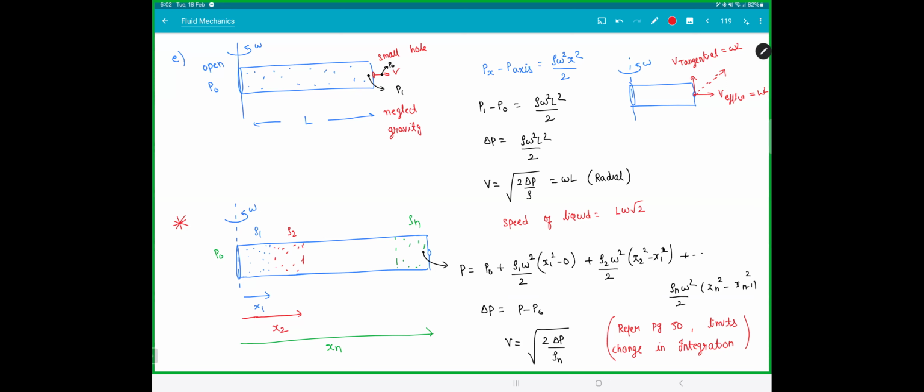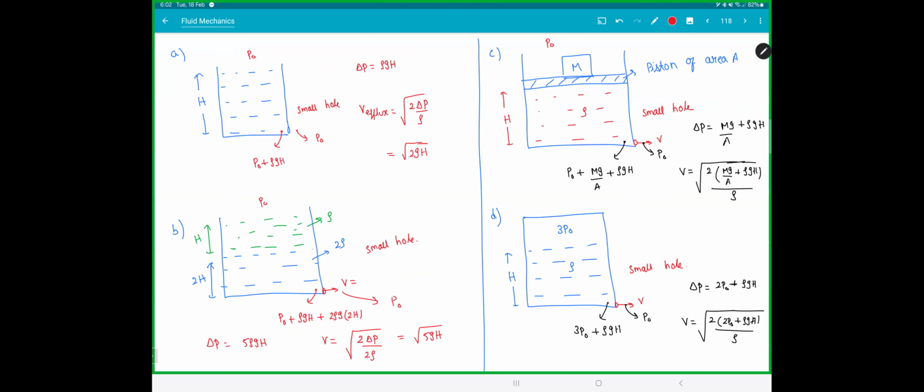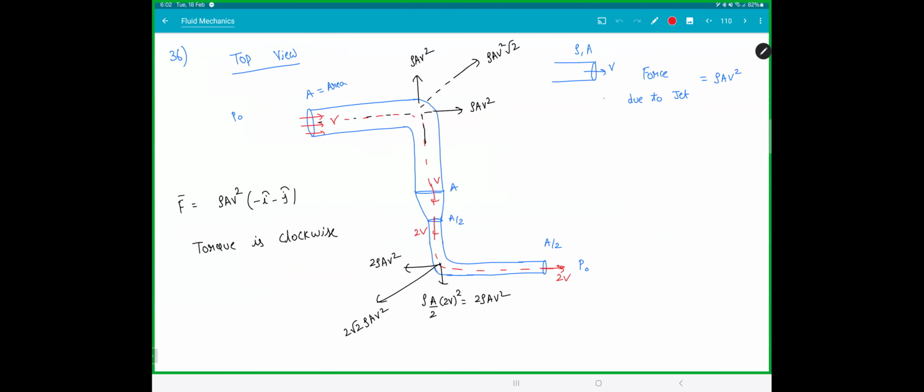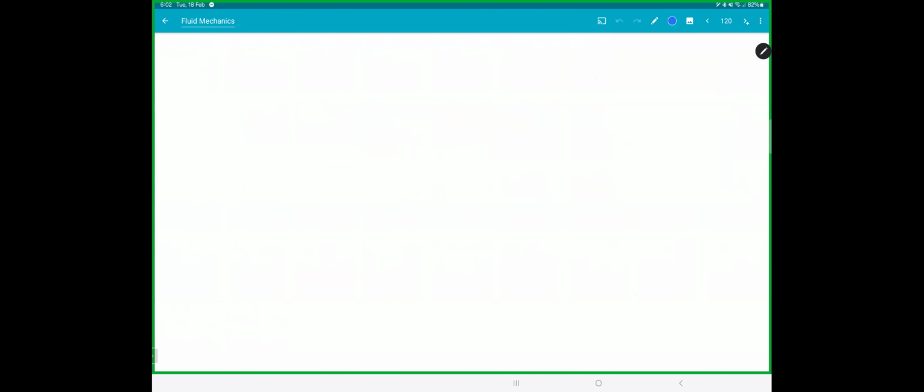Let's see a question. Let's say we have a container.